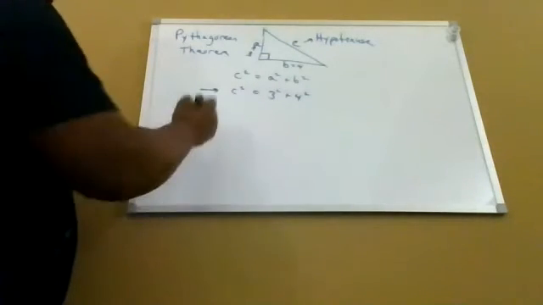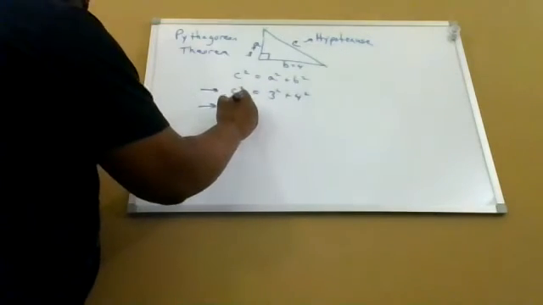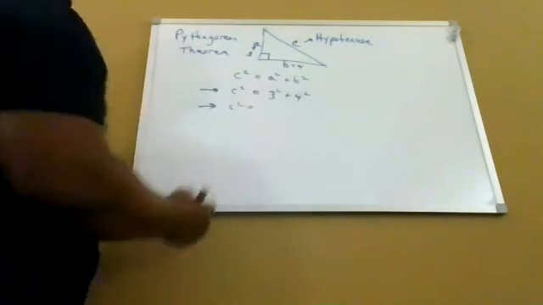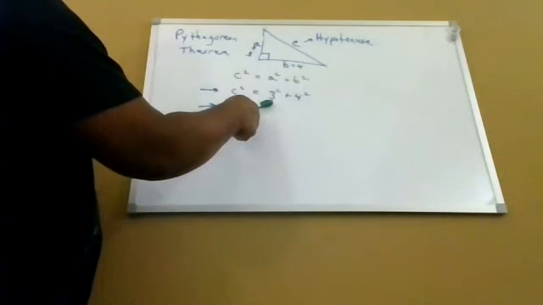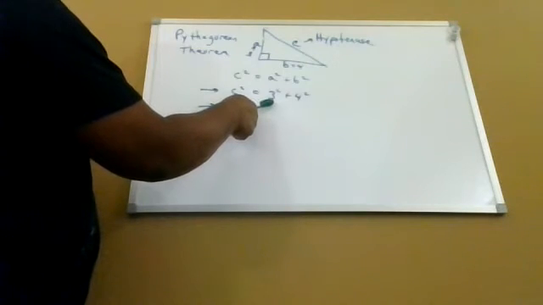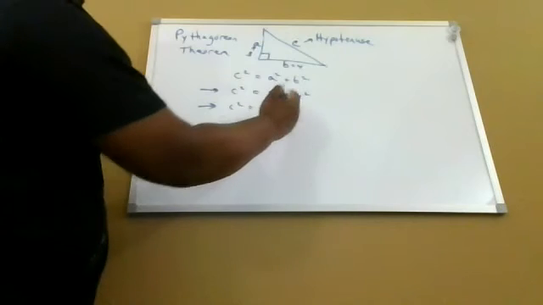Okay, on our next line, bring down our C squared. And that's going to equal 3 squared, which is 9, because 3 squared means 3 times 3. And we know that 3 times 3 equals 9. Bring down our plus sign.